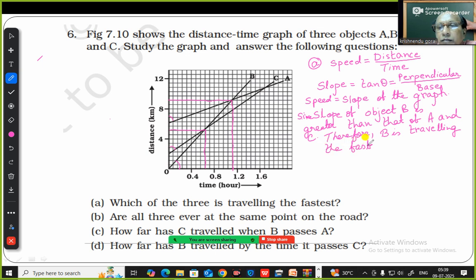This is A. Now question B: are all the three ever at the same point on the road?